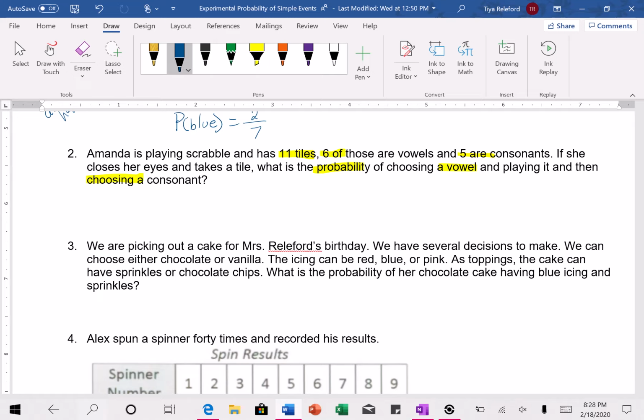So she has not done it yet. So you need the probability of choosing a vowel. Six out of 11. Then you need the probability of choosing a consonant. It's no longer 11, it's 10, right? Be careful. And then you need to multiply.